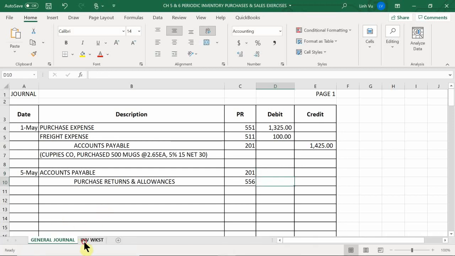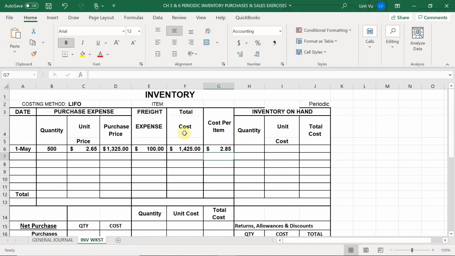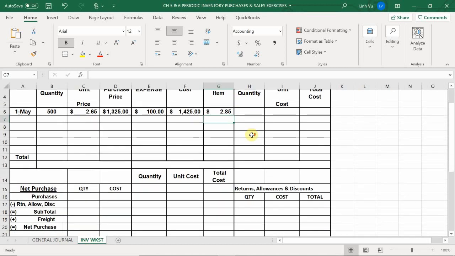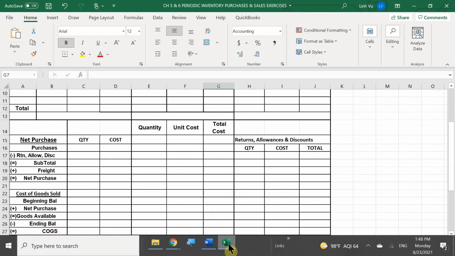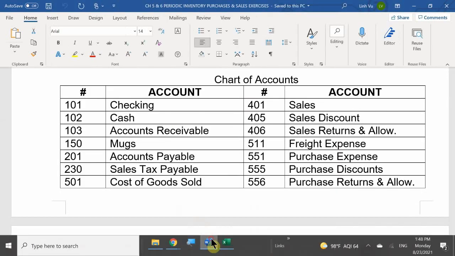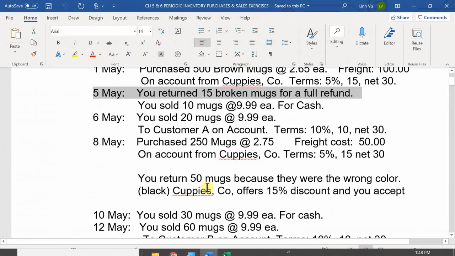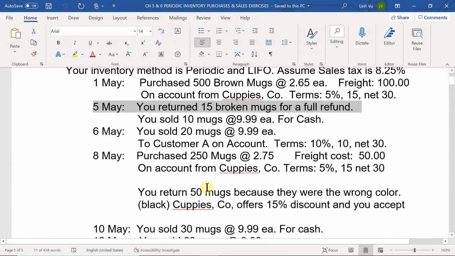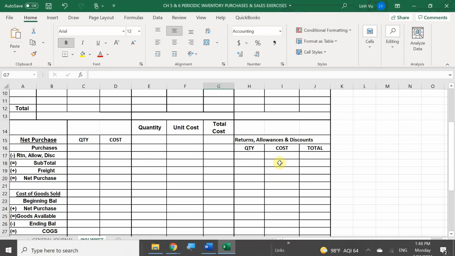Let's plug it into our inventory worksheet first, and then we'll transfer the information there. So in this case, how many mugs did I return? 15. We returned 15.